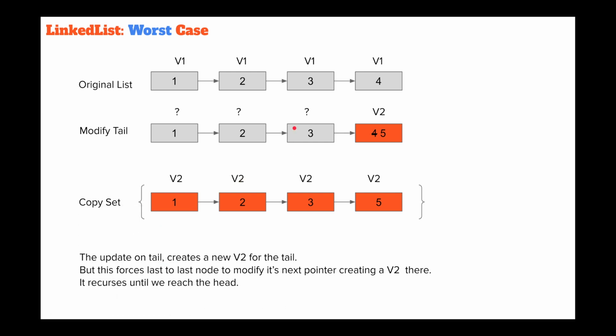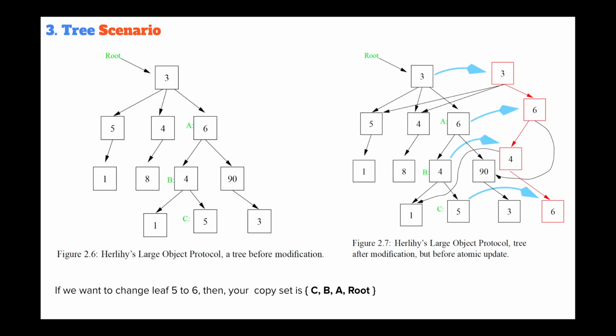In that scenario, when 2 is modified, its neighbors 1 and 3 need to be modified as well, because the next or the previous pointer should be modified, and this eventually recurses, and you will end up copying the entire data structure as in the doubly linked list.